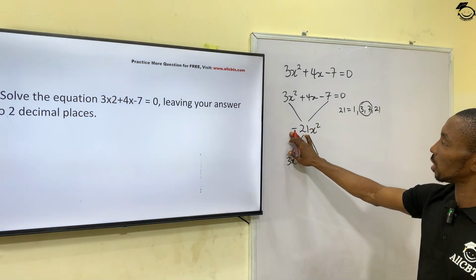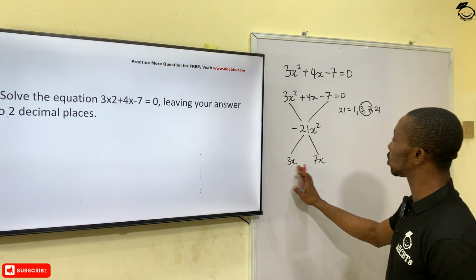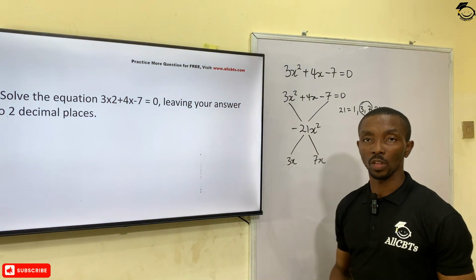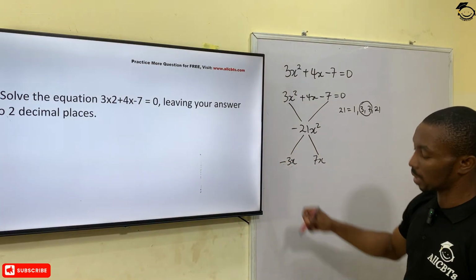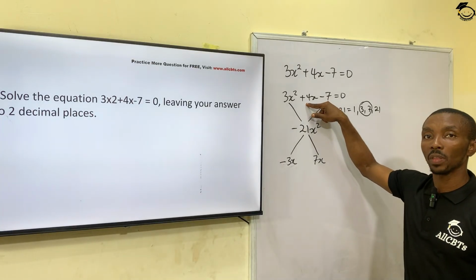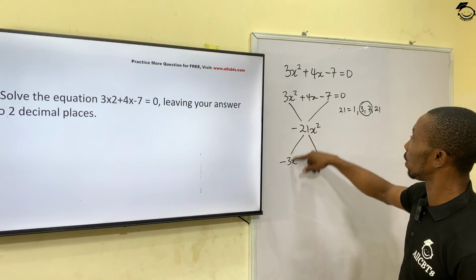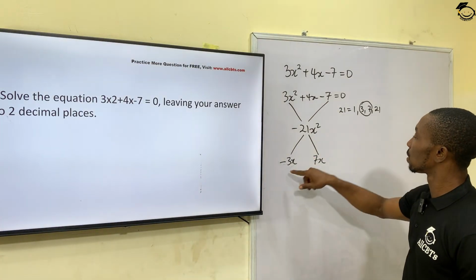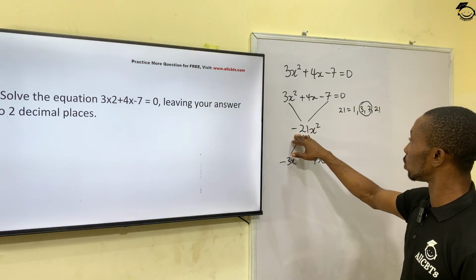But notice that this is a negative 21, so one of these numbers has to be negative. So this will be a minus 3. Why are we making the smaller number negative? Because our middle value is positive. So this becomes 7 minus 3 to give us 4, and 7 times minus 3 to give us minus 21.